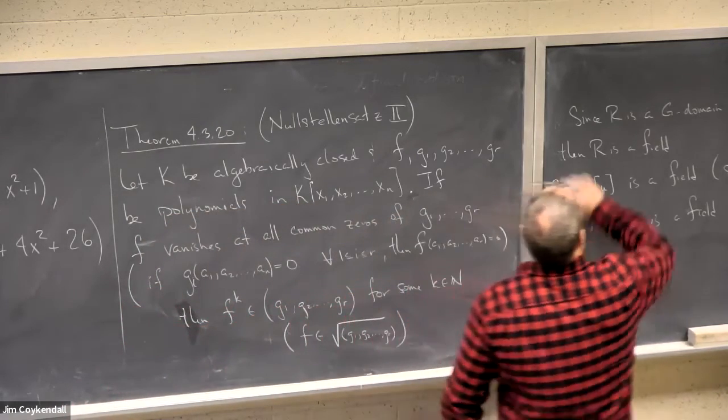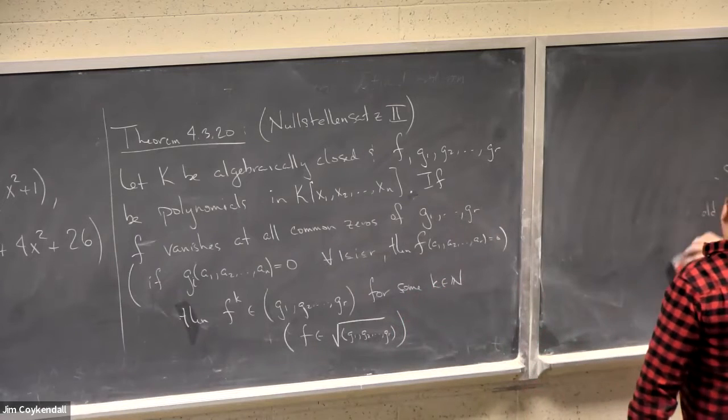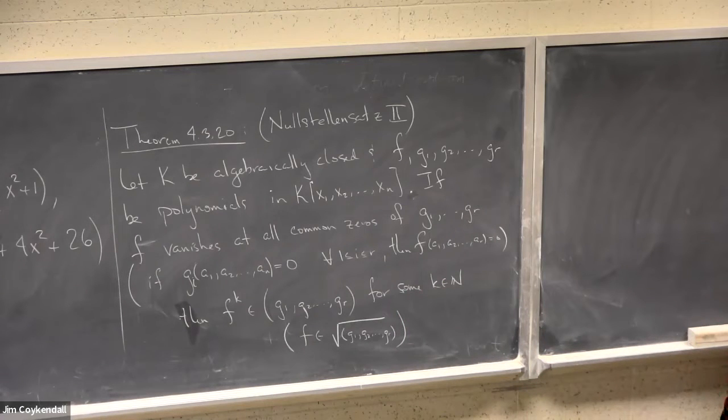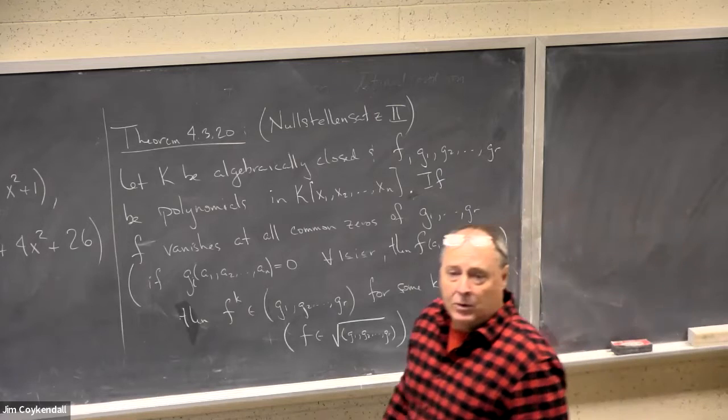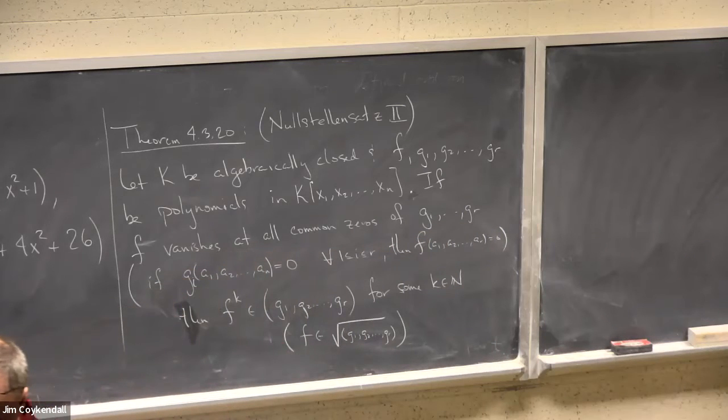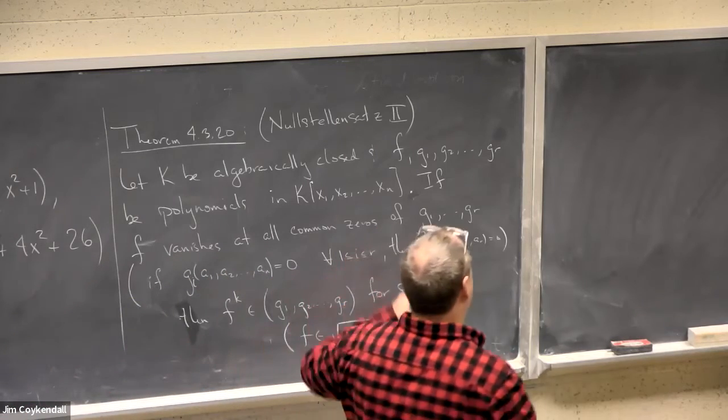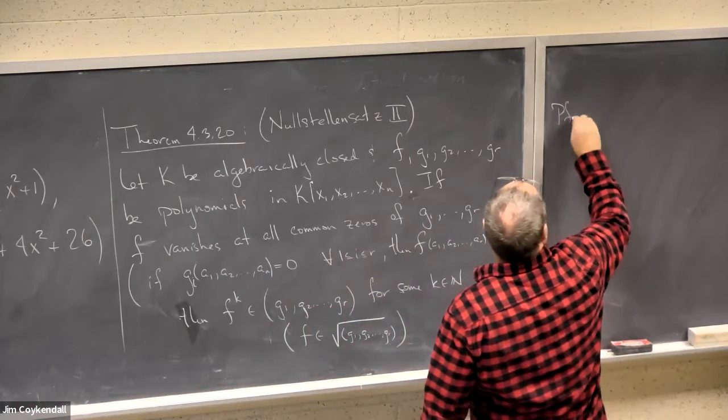So this is where our work will pay off a little bit, what we've been doing as far as getting this out. So let's go through the proof, both parts of the Nullstellensatz.